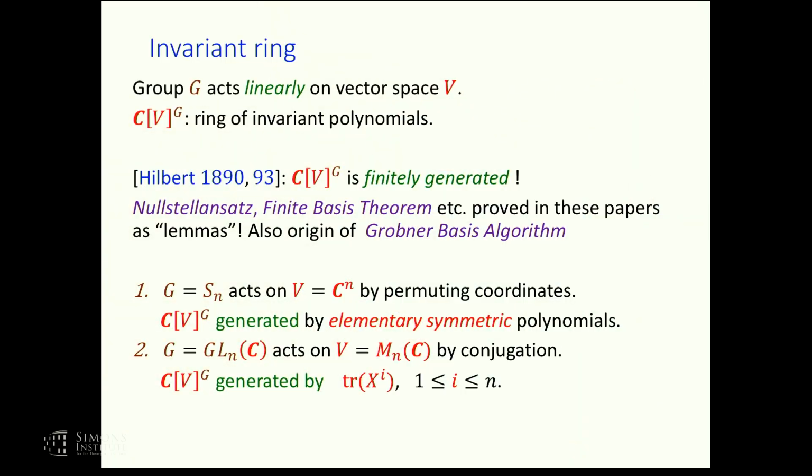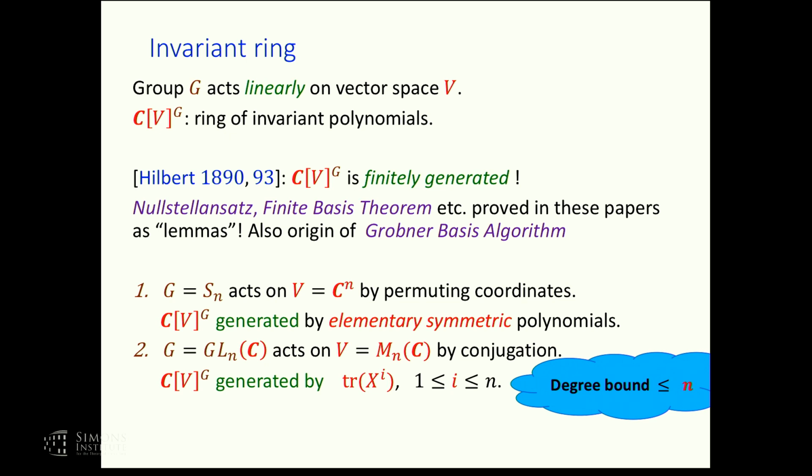In the case of conjugation, the traces of powers are generated just by the powers up to n, by the Cayley-Hamilton theorem. And in fact it's very important that this set is small. If you look at S_n or GL_n, the degree of these polynomials is bounded by n. It's a finite set, small, and also low degree.